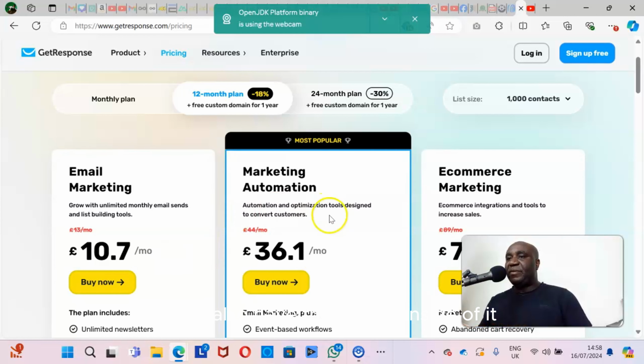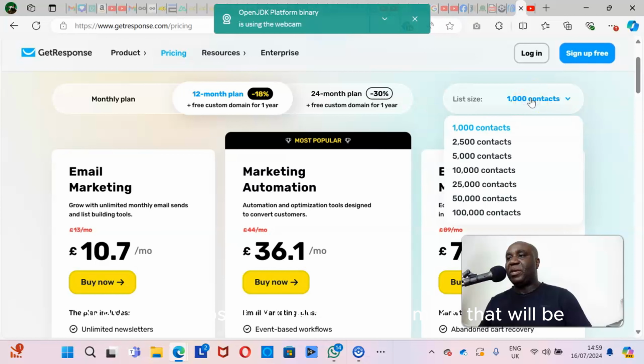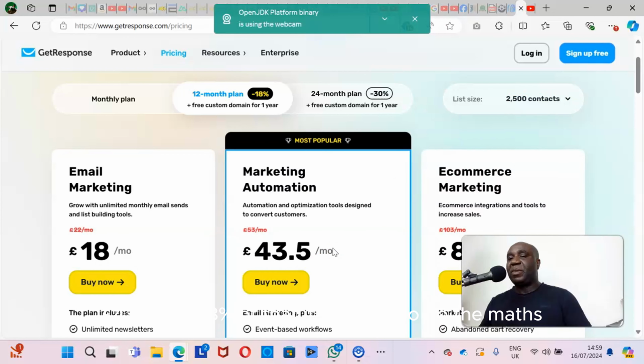So you also have the marketing side of it. Let's assume you sign up someone who has built a list up to 1,000. Once they cross 1,001, let's see how much that will be. Anything at 1,001 goes up to £43.50.